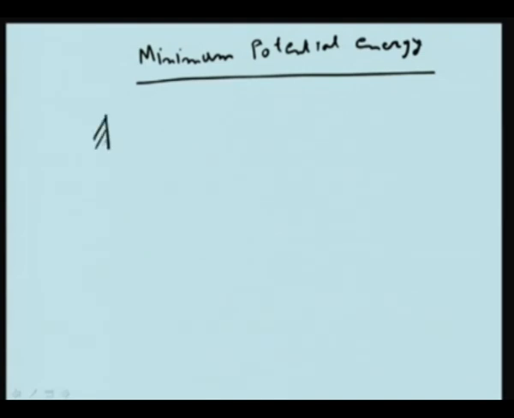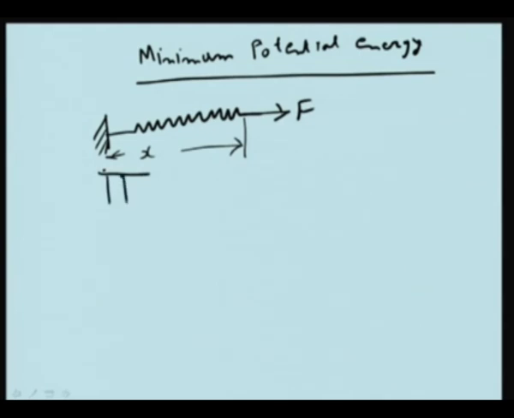Now, if you take a spring and apply a force F, and give a displacement x, the potential energy as a function of x can be written as: the total potential energy, if I indicate it by big pi, is equal to half kx square, the strain energy of the spring, minus Fx.